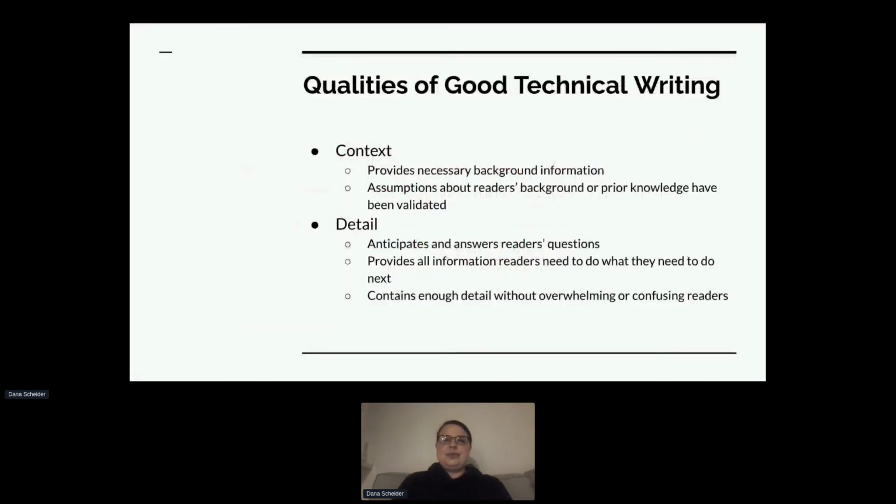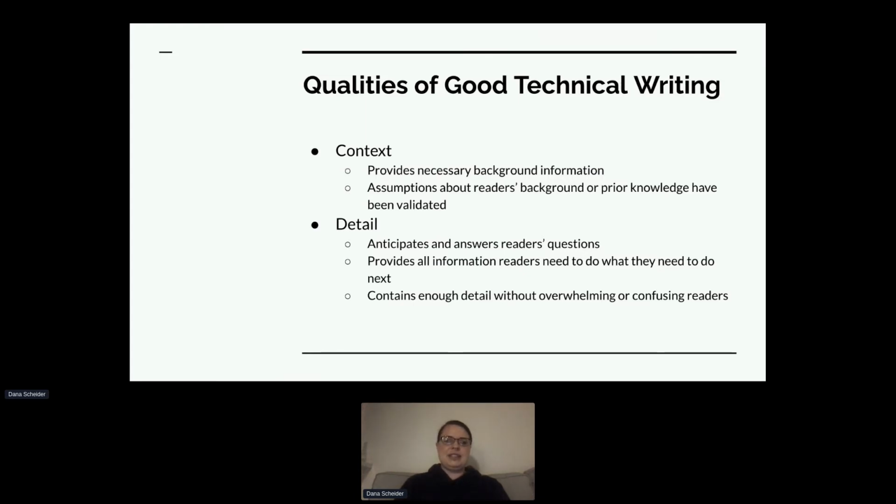So what are some qualities of good technical writing? Good technical writing gives context. So anything that a reader might not understand, you want to make sure that you're including that information or including links where people can get that information.